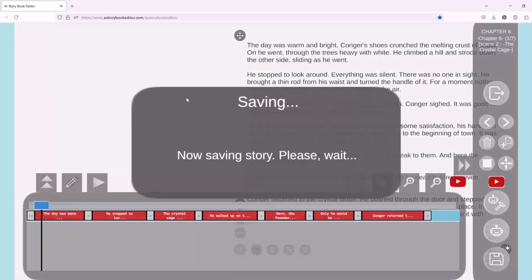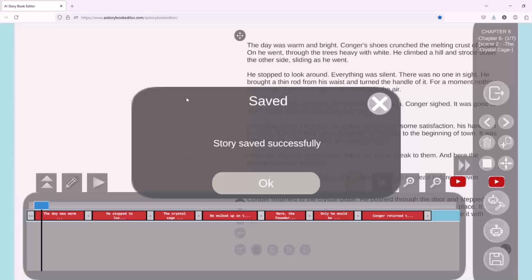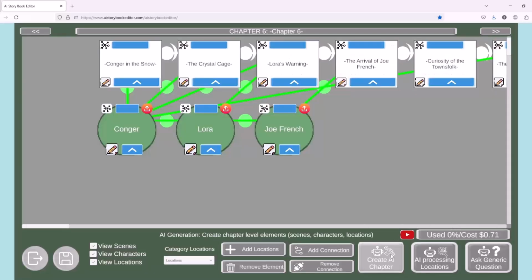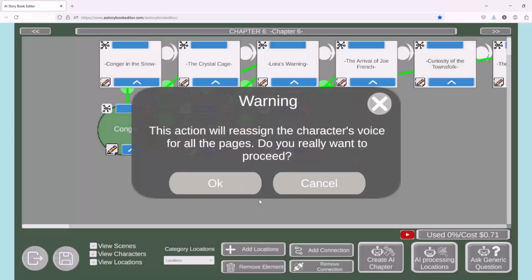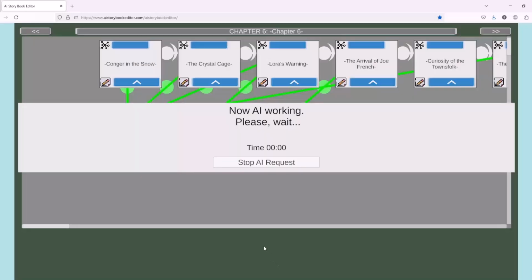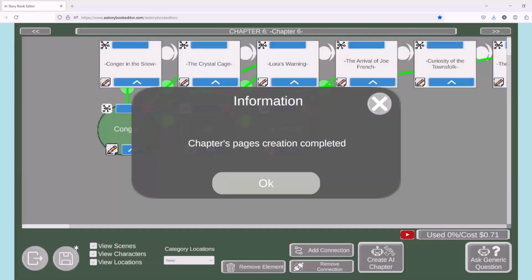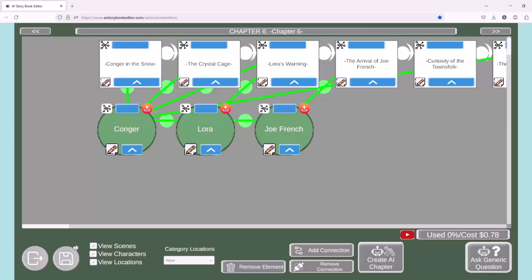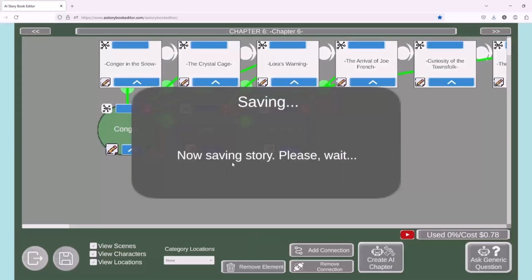Let's save and do chapter 6. Let's save the progress and review it.